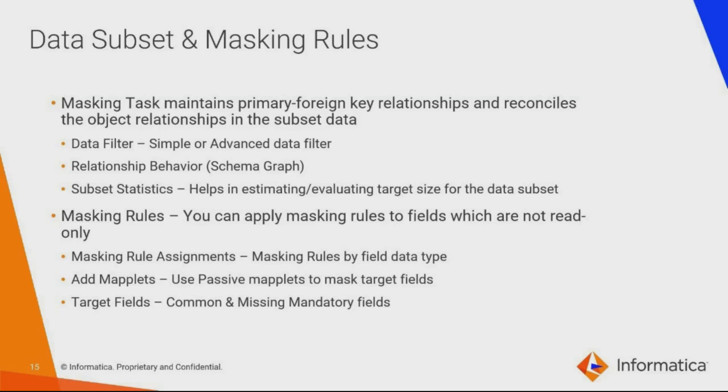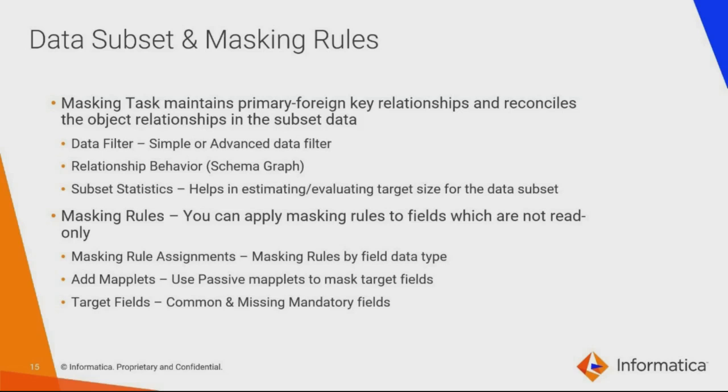In order for it to reconcile the object relationships properly, it sometimes happens that, let's say there are only two particular records that you are interested in, you are extracting more than two records to give you the right kind of data subset.